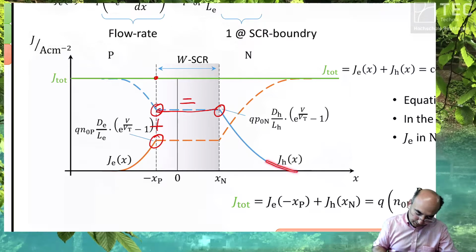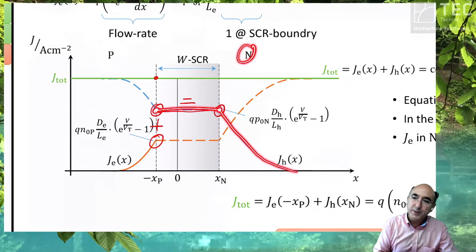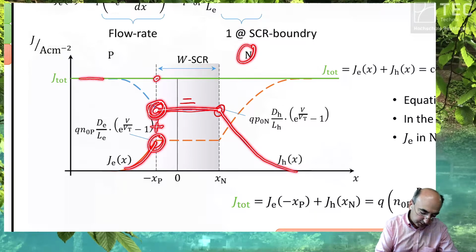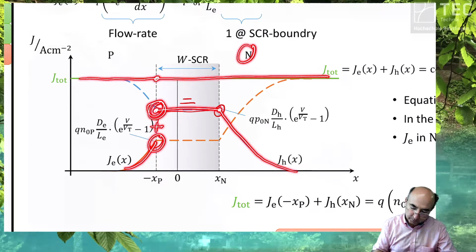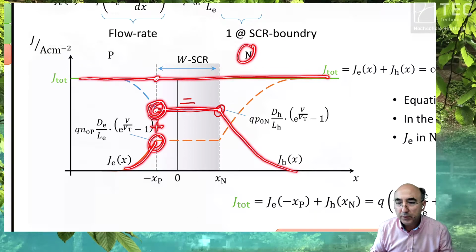Therefore, if we can calculate the current density for the minorities here, we have the same current density here. The sum of these two values is the overall current, and the overall current is constant, as we know that current doesn't disappear.